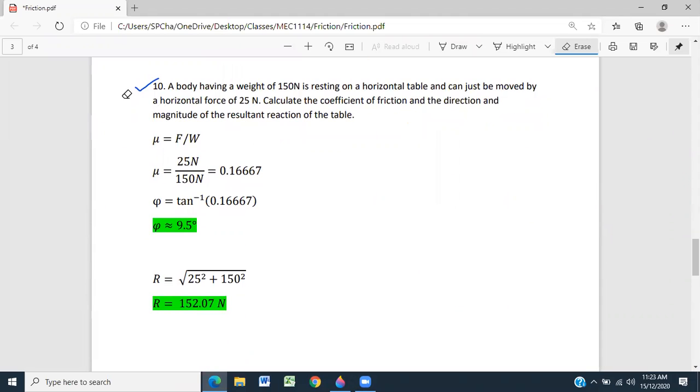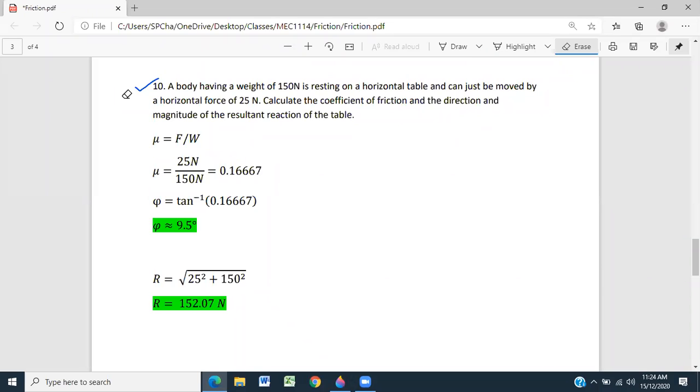Okay, so good. A body having a weight of 150 newtons is resting on a horizontal table and can just be moved by a horizontal force of 25 newtons. Calculate the coefficient of friction and the direction and magnitude of the resultant reaction of the table.